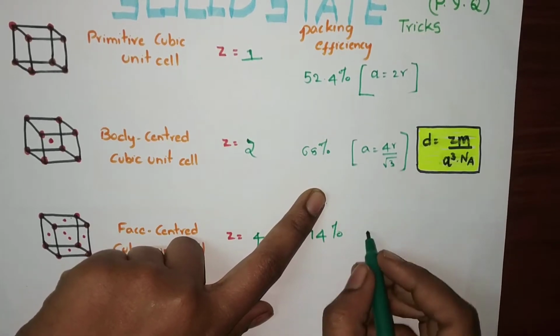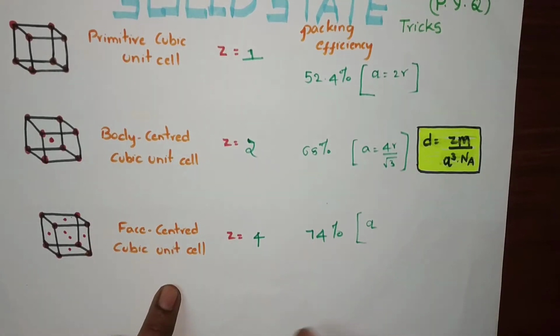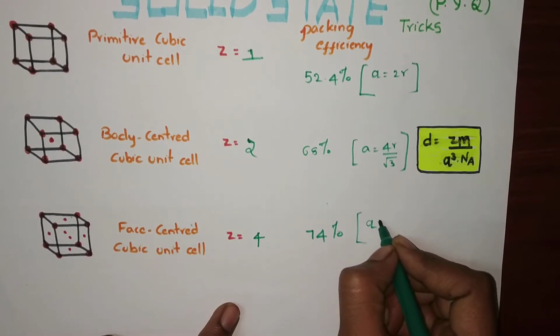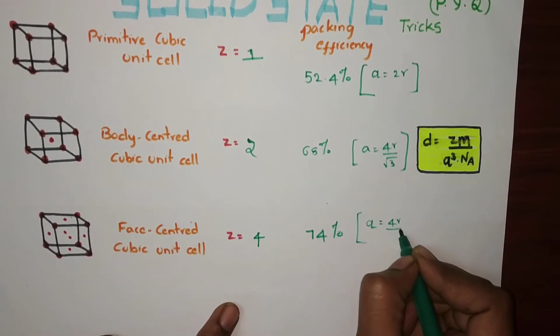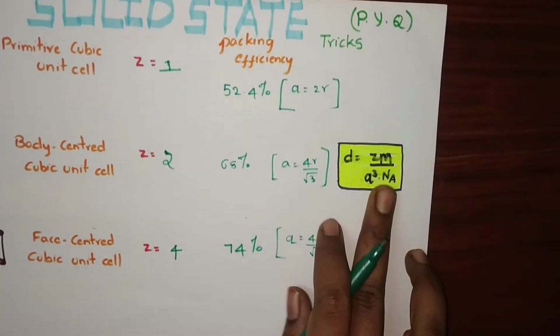Edge length is 4 times radius by root 3. And for FCC, or you may call it HCP also, hexagonal close packing, a is equal to 4r by root 2. Okay, and this is very important.